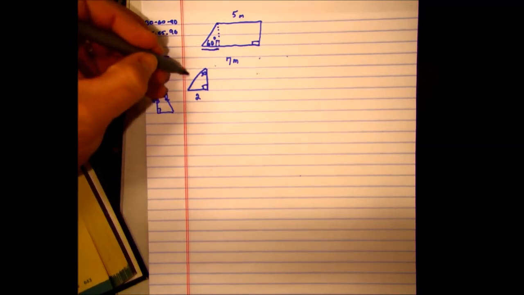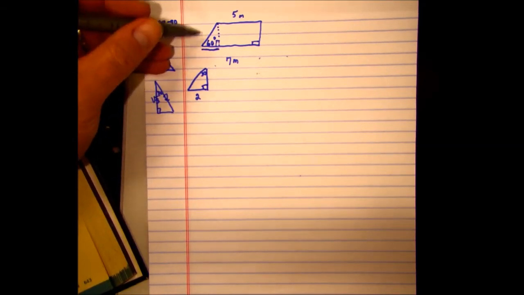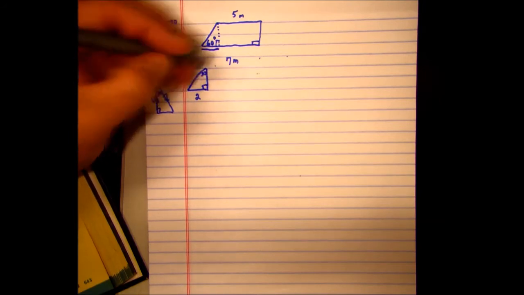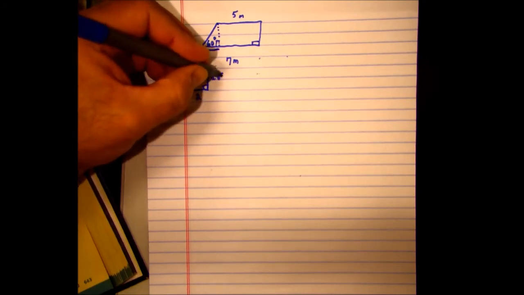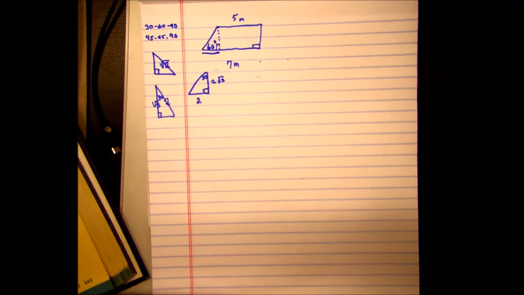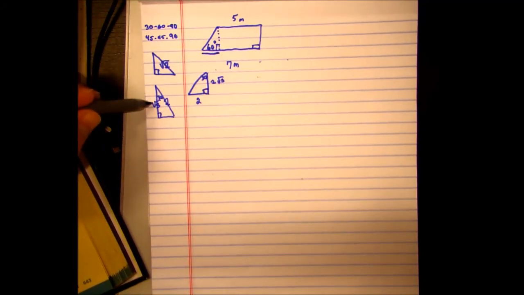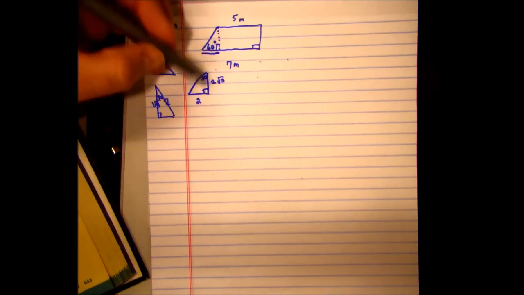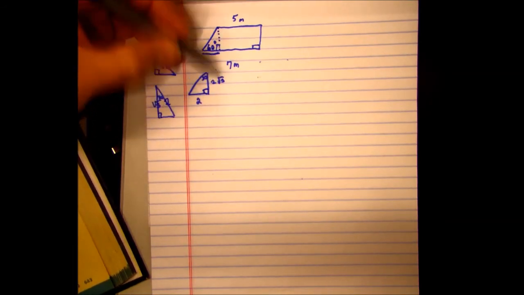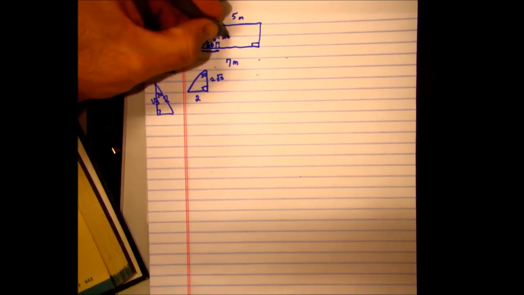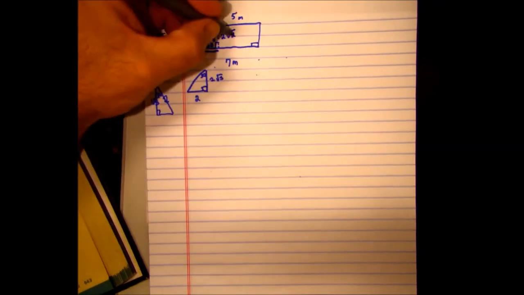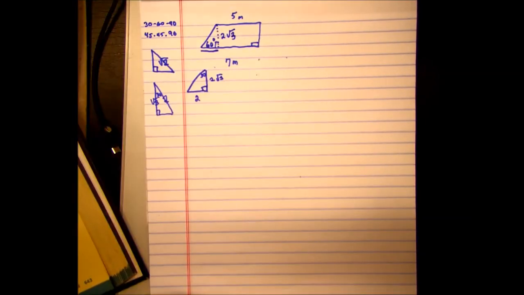I know the hypotenuse is 4, but I don't really need it. I need this right here. This is 2 square root of 3. Now, how do I know that? Because when I go up to find the longer leg, I multiply by the square root of 3. So 2 times the square root of 3. So on this picture, I now know the height is 2 square root of 3. And now I can do my area formula.